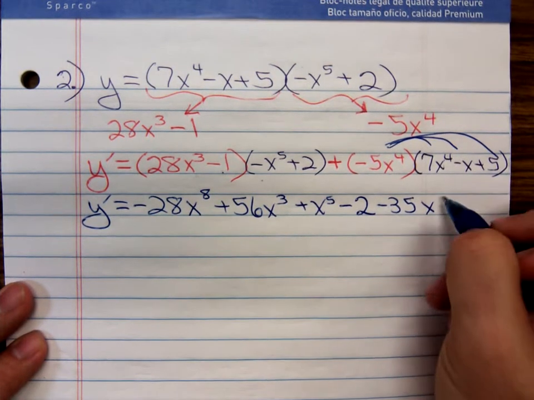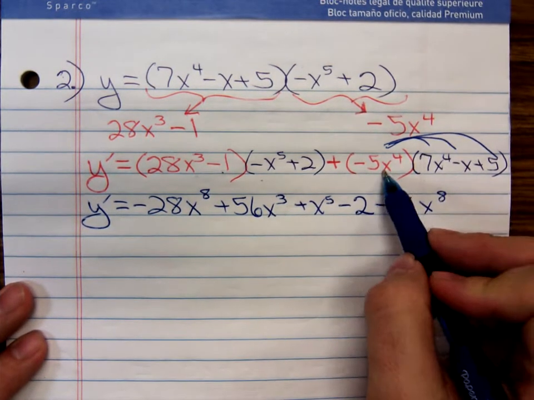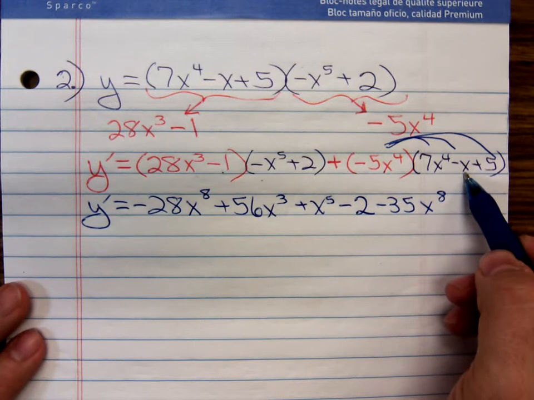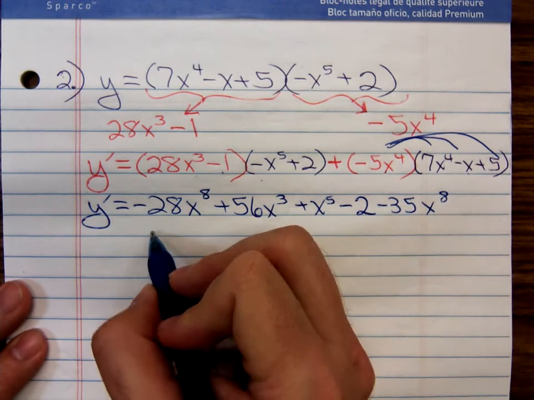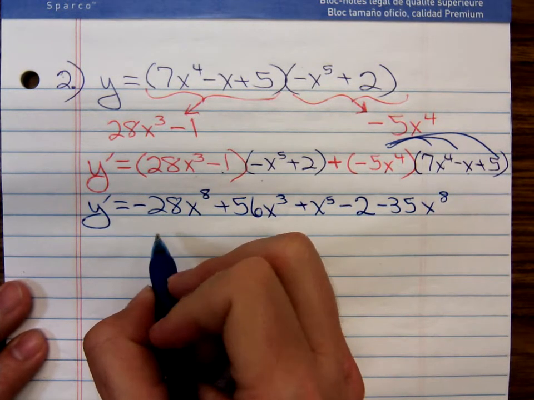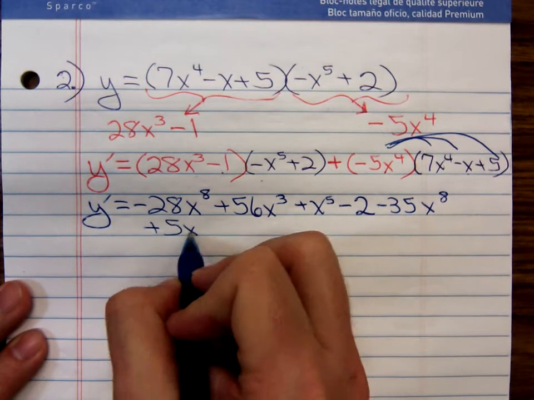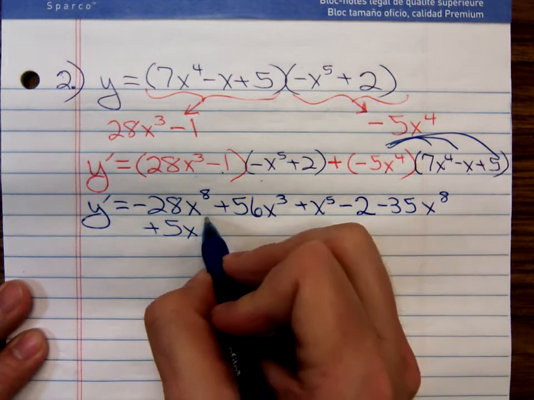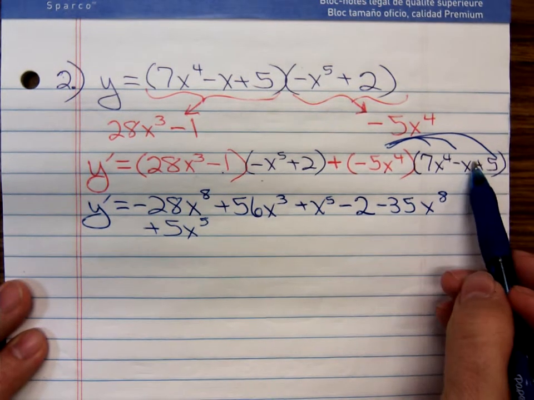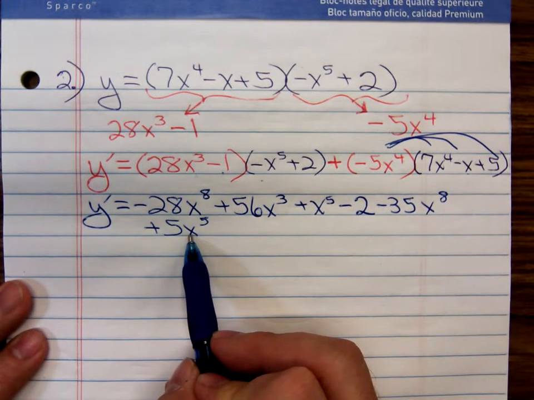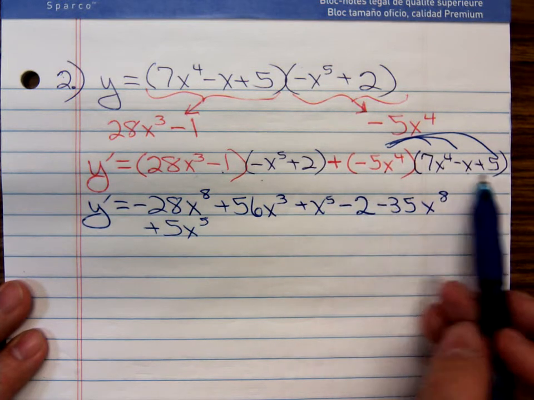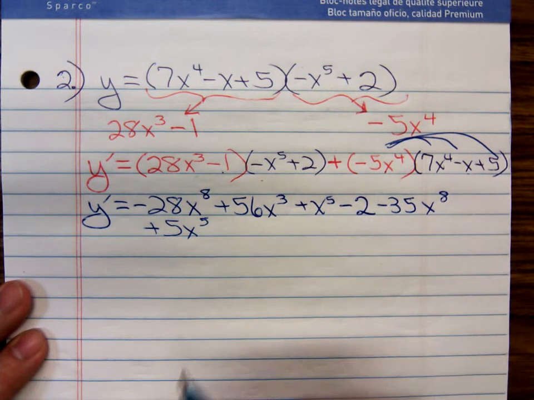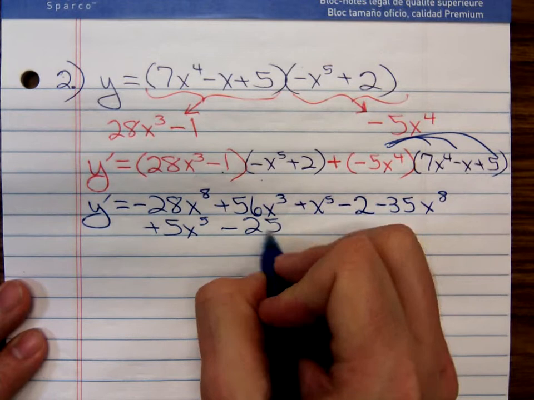Negative 5x to the fourth times a negative x, that's going to give me a positive 5x to the 5th. 4 plus 1, so we had 5 factors of x. This last product, negative 25x to the fourth.